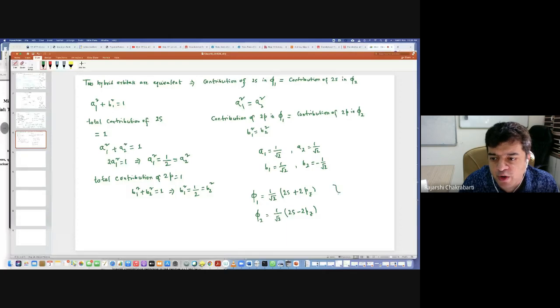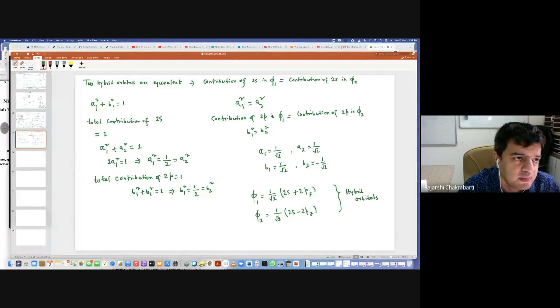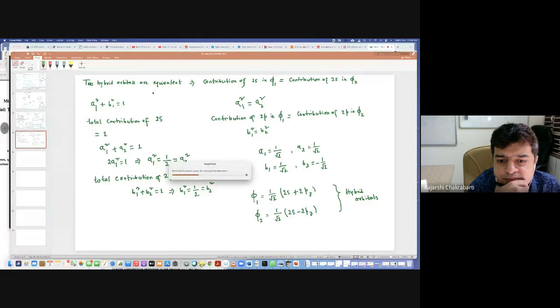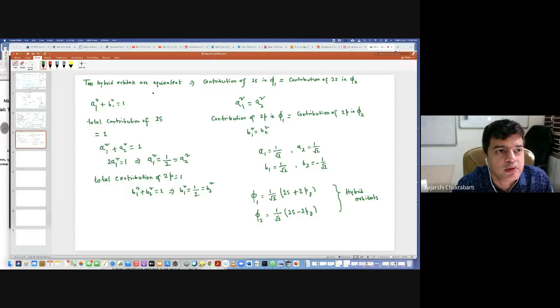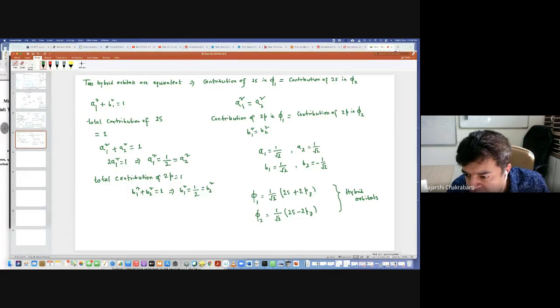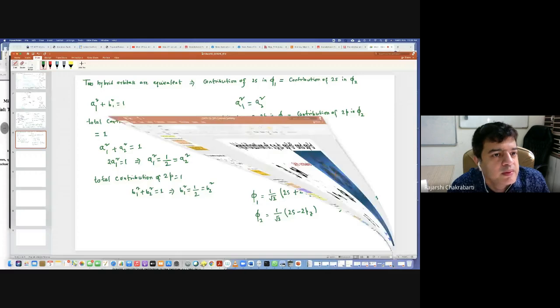These are the two hybrid orbitals. Now let me show you something else.